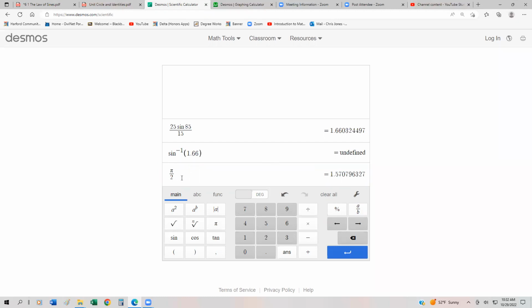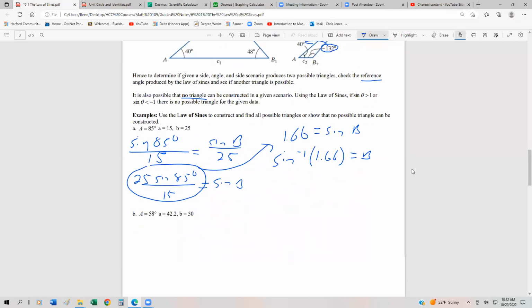But unfortunately, we can't put in anything greater than 1 or less than negative 1. So in this case, there is no possible triangle. Since this value is greater than 1, there is no triangle possible.